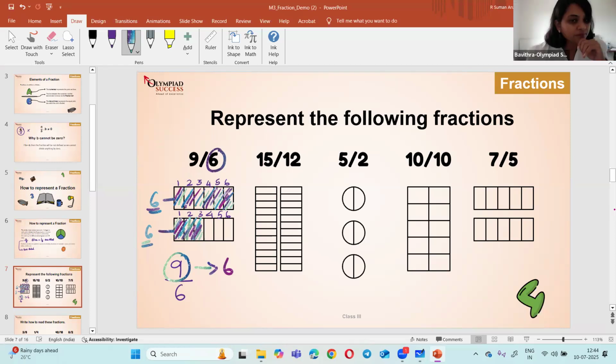How many are there? Let me count. 3. Great. 3 upon what is the total number of parts here? 6. Great. So how do we tell the fraction? Can you tell me how to say the fraction?